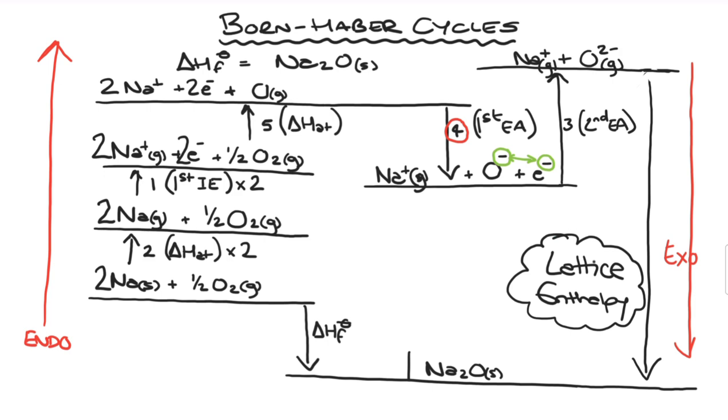In this process, we will be using the Born-Haber cycle for sodium oxide. We will generate these values, and we'll look at that in the next clip in more detail. So if we head over to clip number 3, I'll take you through the calculation of the lattice enthalpy.